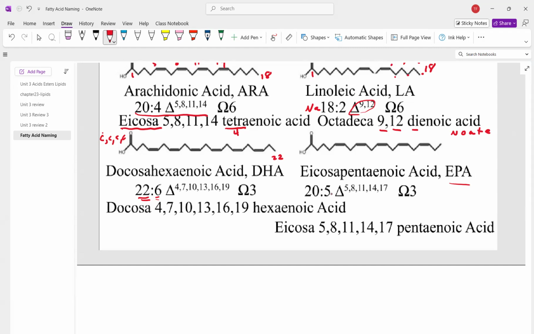Over here on the right, the icosapentaenoic acid is 20 carbons long. Icosa stands for 20. Again, it's going to be 5 cis's here.